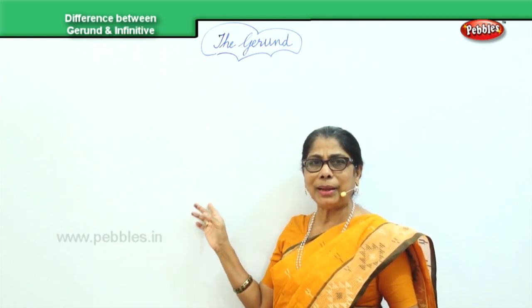In the case of an infinitive, it also does partly the work of a noun, partly the work of a verb, and the infinitive is formed by adding to the verb. To play, to cry, to go. To. That's all we need to remember. To the verb.